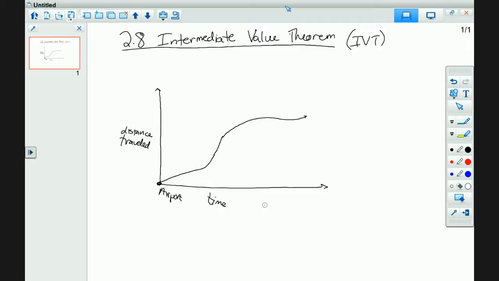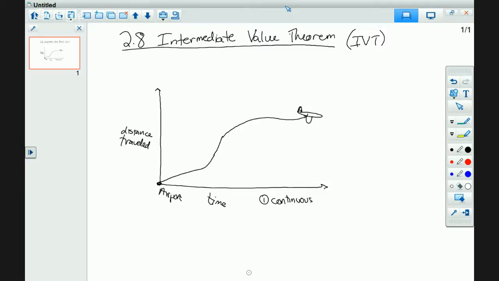That's condition one. It's continuous. This goes down, you crash. So it's continuous, the airplane doesn't ever skip the spot.